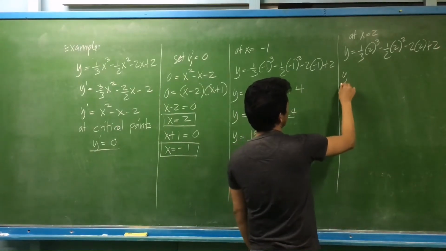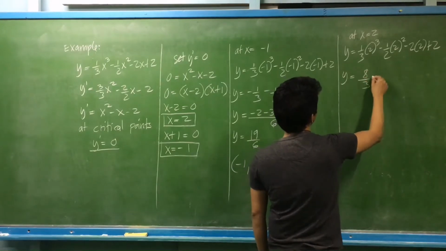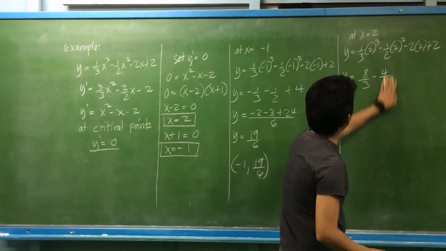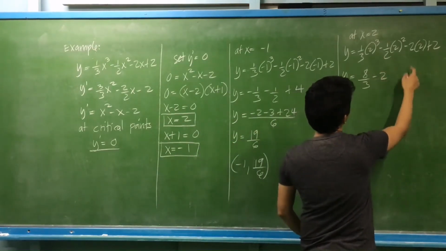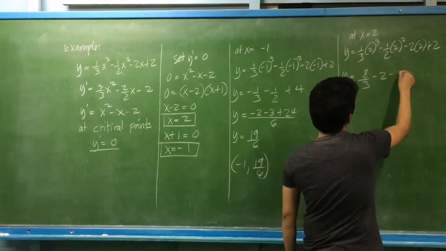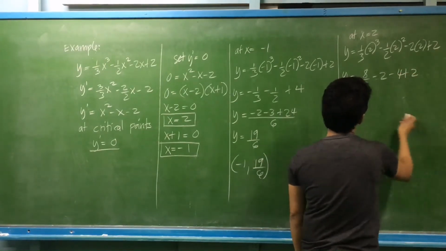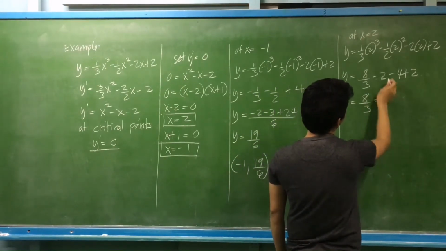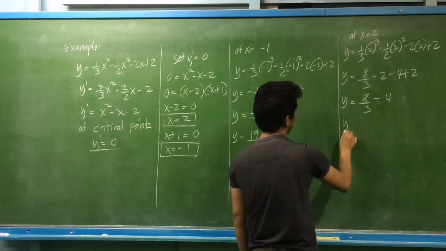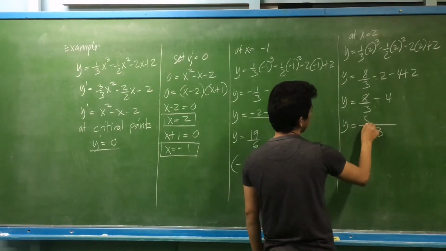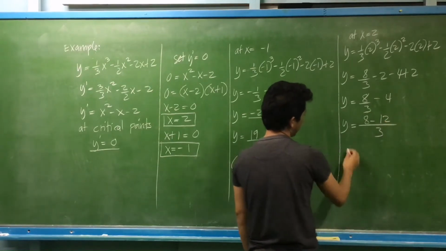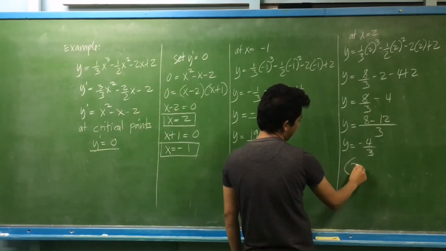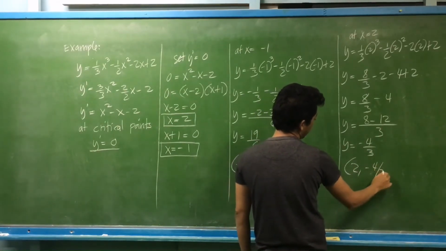So y is equal to 8/3 minus 4/2, which is 2, minus 4 plus 2. That is 8/3 minus 4, so y is equal to (8 minus 12)/3, which is negative 4/3. The other point is 2, negative 4/3.